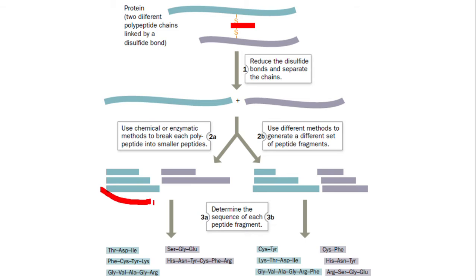What is this blue one? The fragments formed when one method is used for hydrolysis. These are the fragments formed when a different method is used for hydrolysis. That means the site of fragmentation here is different from the site of fragmentation here. Now, using Sanger's method, Edman's method, etc., we find out the sequence of the amino acids on the different polypeptide chains.